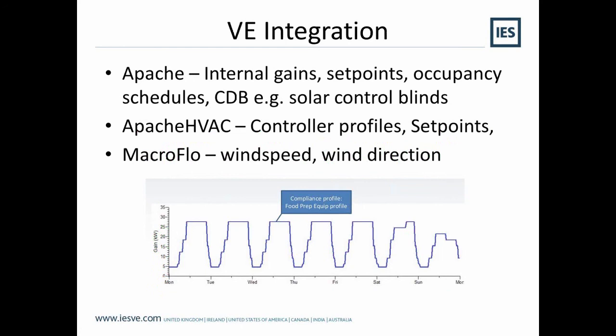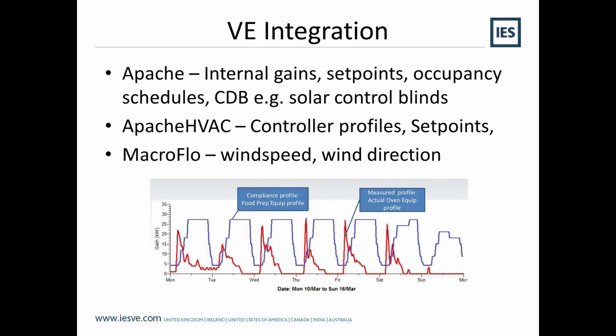So you can do quite complex blind control using the freeform profile functionality. There's lots of scope within the Apache HVAC module, again looking at control profiles and set points on systems. It's got uses in and around the MacroFlo module, looking at wind speed and wind direction, maybe putting some profiles controlling natural ventilation, which use the freeform functionality.